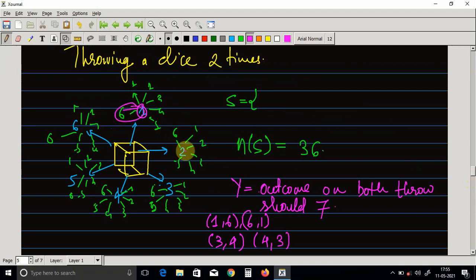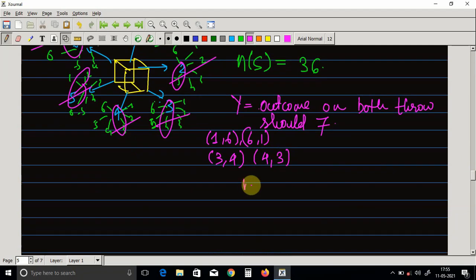Then 2 added with 5 is 7, then 3 with 4, then 4 with 3, then 5 and 2, then 6 and 1. On every branch you have one single favorable outcome. So you have 6 favorable outcomes: 1, 2, 3, 4, 5 and 6. Got it? So n of a is 6 and total outcomes is 36.